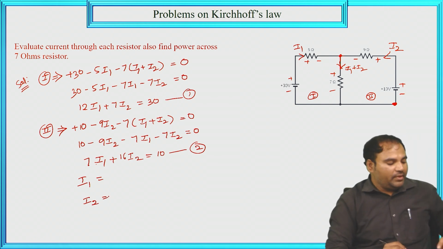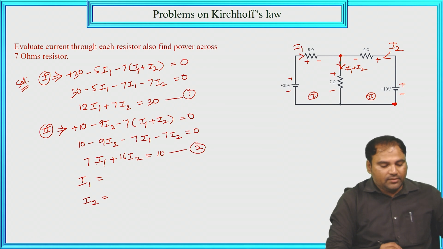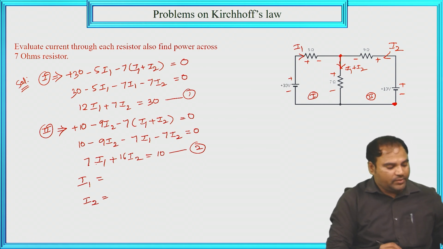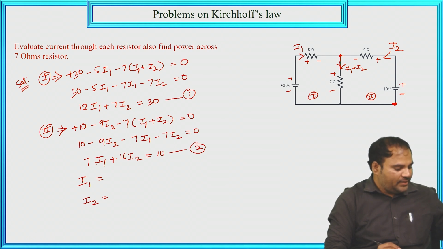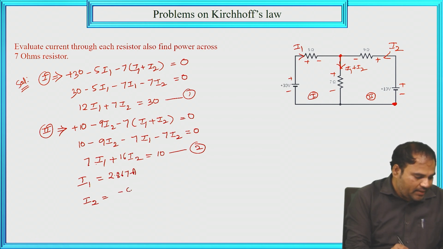Equation 1 is 12I1 plus 7I2 equal to 30, and the second equation is 7I1 plus 16I2 equal to 10. By solving the two equations, I1 value is 2.867 amperes and I2 value is minus 0.629 ampere.